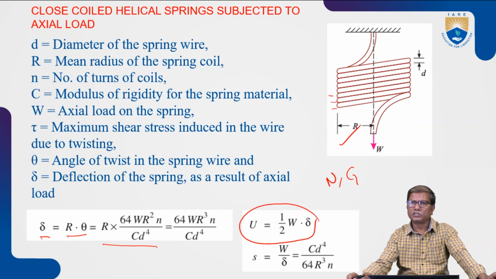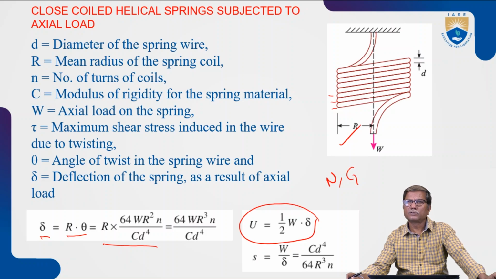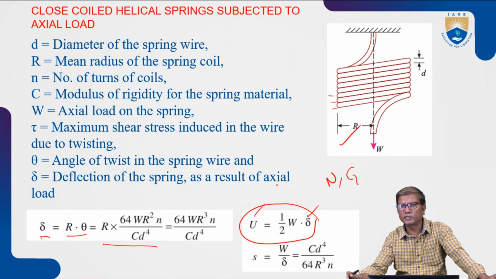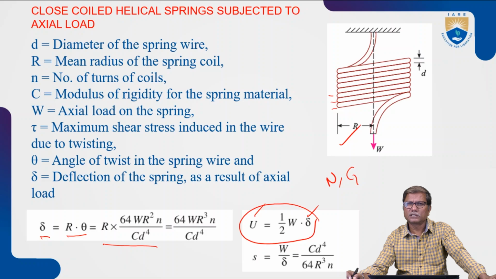Due to axial loads, it will be subjected to some deformation, extension or contraction. So here the extension of the spring is delta. So the work done on the spring due to the axial load is half into W, the average load, into deflection delta. This work done on the spring is stored as strain energy. So the work done is equal to strain energy.